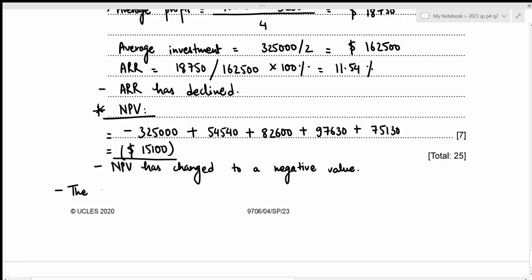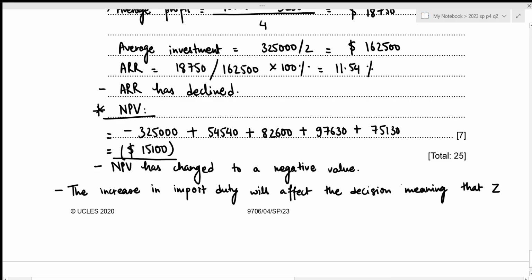The increase in import duty will affect the decision, meaning that Z Limited should not purchase the machine to manufacture the new product.